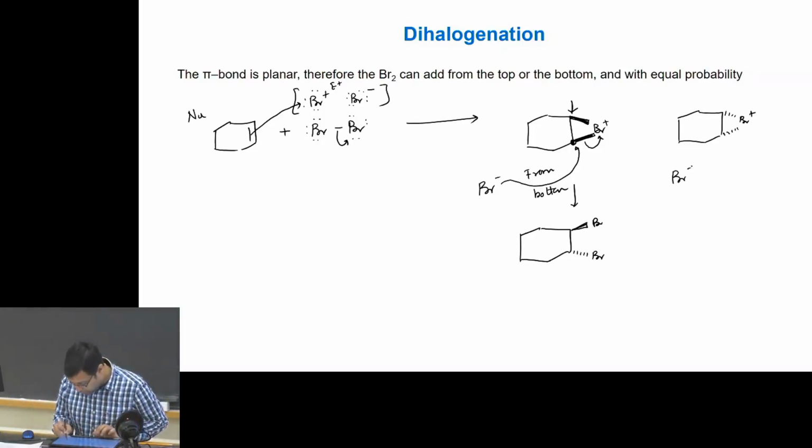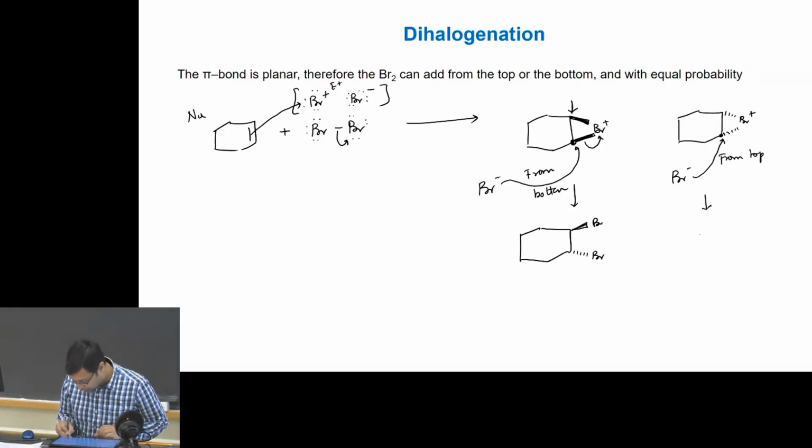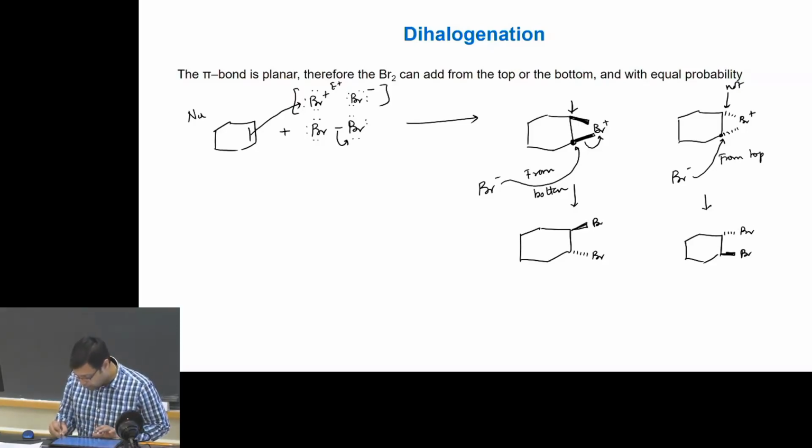Now for this bromonium ion, the Br minus will come from the top, because the bromonium ion is at the bottom. All right. Now the attack is taking place here. Br minus there is coming from the top, so there it will be top. The attack is not taking place here, so there the Br will be down.